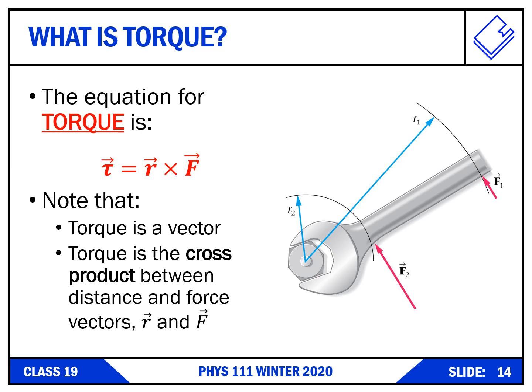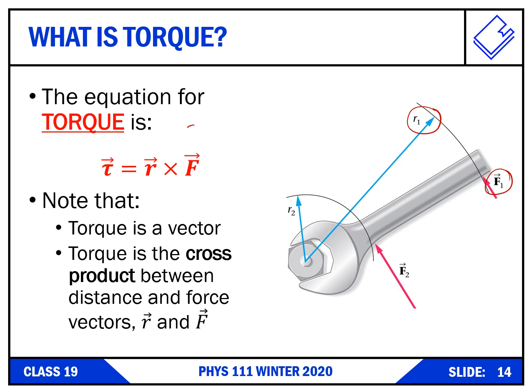So why don't we present the equation for torque? Keep in mind the distance away from the axis of rotation is a vector, and so is the force that you apply. So back then when we looked at work, it was the dot product between two vectors. Torque is going to be the cross product between two vectors.